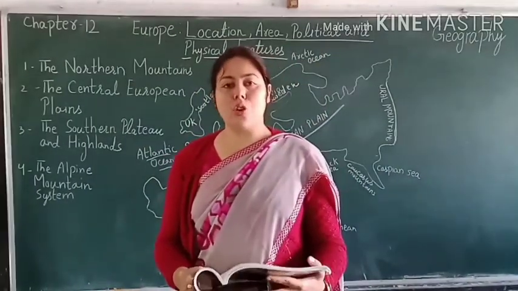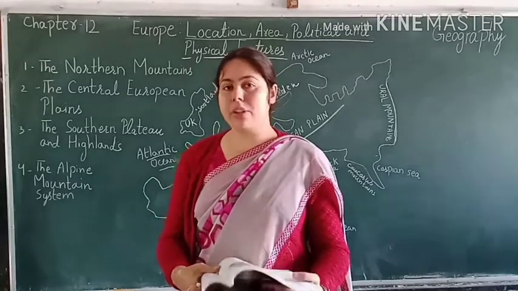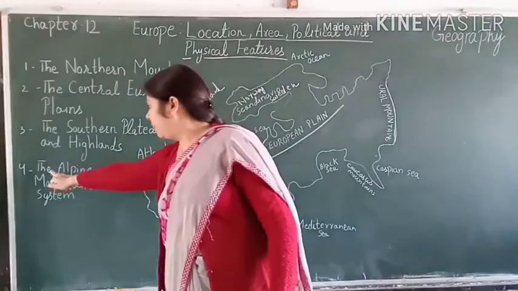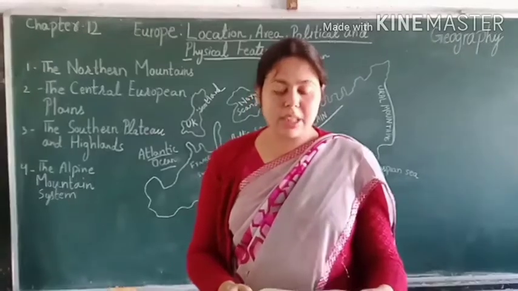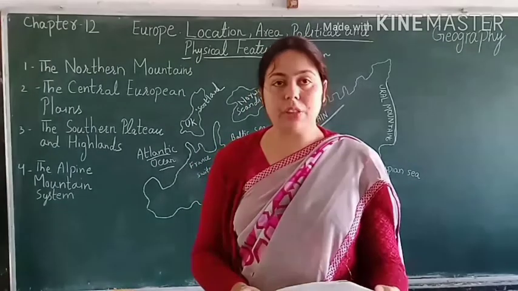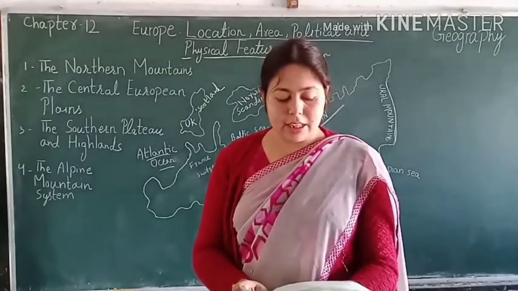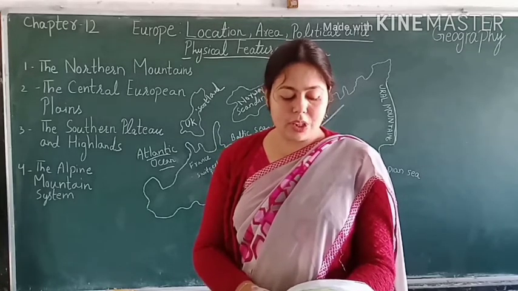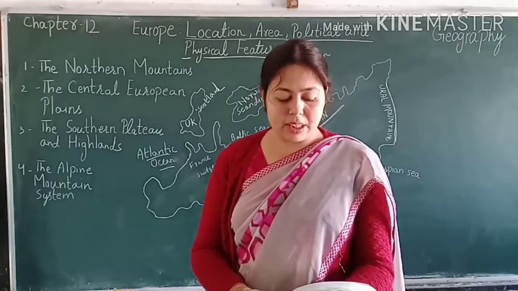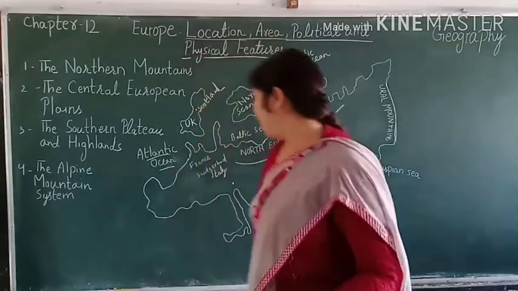The fourth physical feature of Europe is the Alpine mountain system. The Alpine mountain system consists of chains of young fold mountains that lie south of the above-mentioned plateau, from the Atlantic coast in the west to the Caspian Sea in the east.